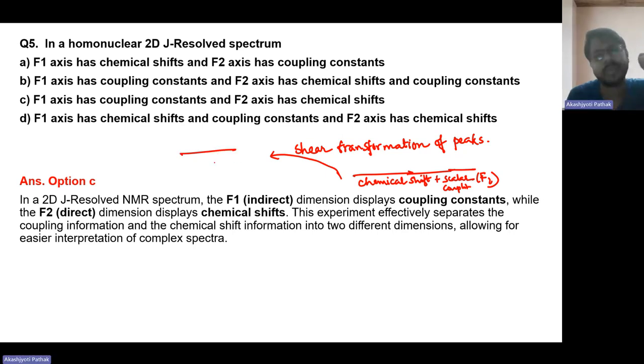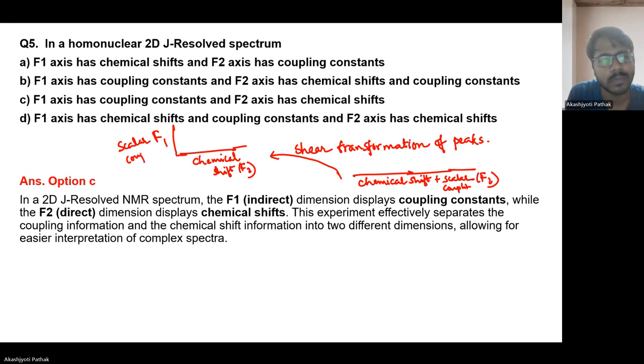On the F2 axis, we will only get the chemical shift. And on the F1 axis, what will we have? Scalar coupling. So this will help to prevent the overlapping of peaks that we were seeing in a 1D NMR. Okay, so that is what is explained over here.